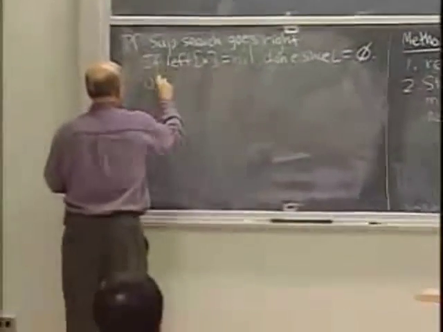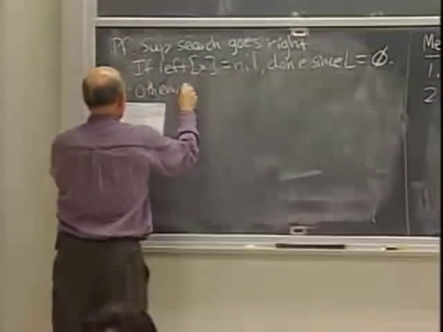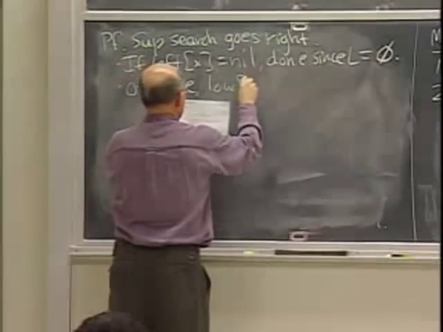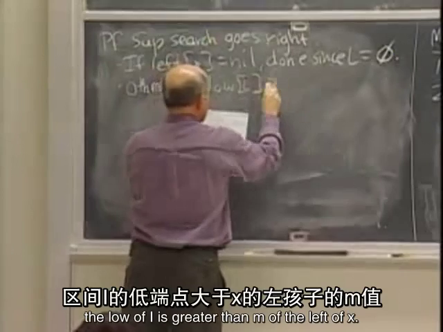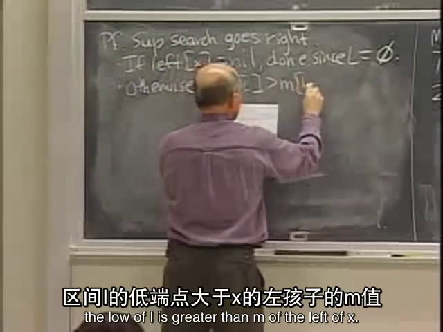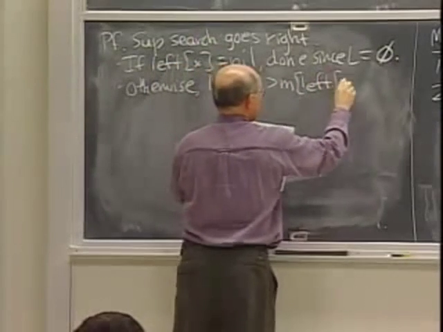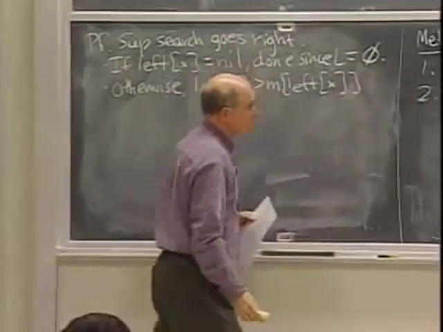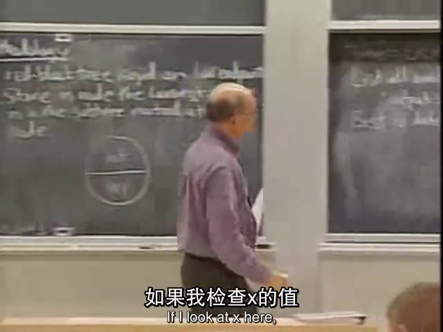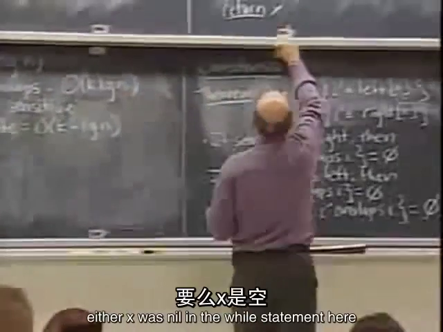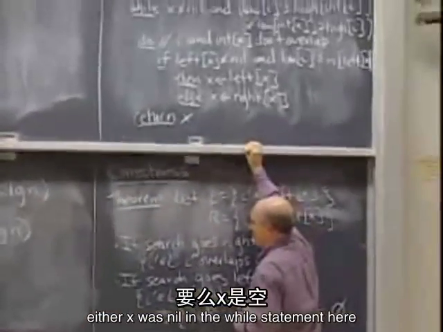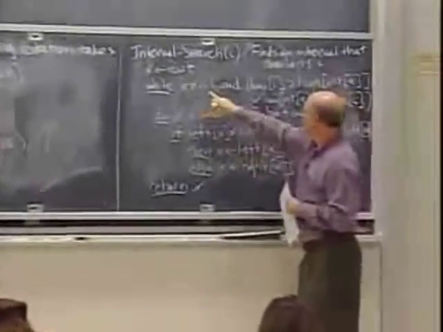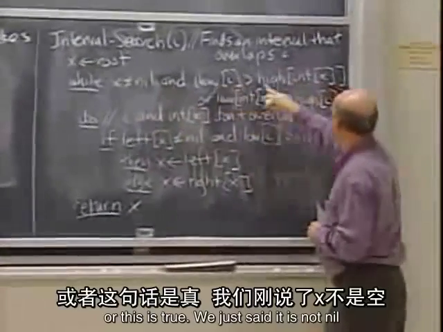Otherwise, we have that the low of I is greater than m of left of x. So if I look at x here, either x was nil in the while statement, or this is true.